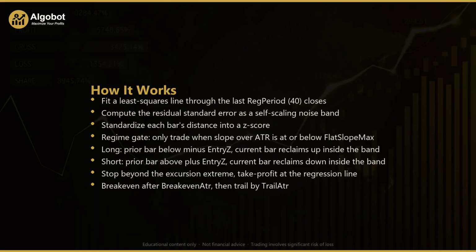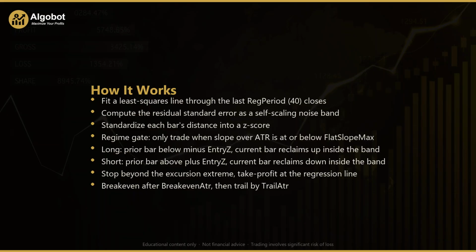Now let's walk through exactly how the strategy makes a decision, step by step, and it only does this work when a bar has fully closed. First, it fits a least squares regression line through the last 40 closes, controlled by the RegPeriod input. This gives a slope and an intercept, describing the recent drift of the market. Second, it collects the residual of every bar in that window, the vertical distance from the fitted line, and takes the root mean square of those residuals.